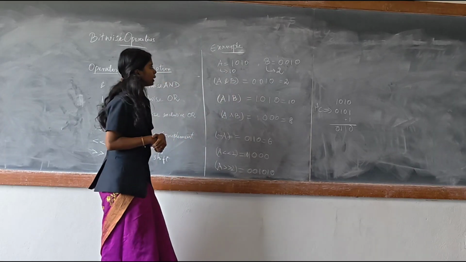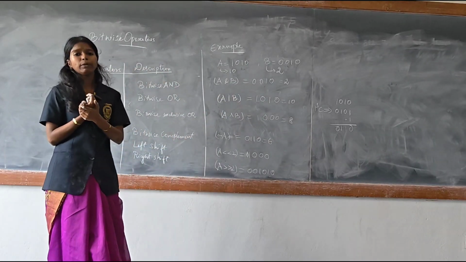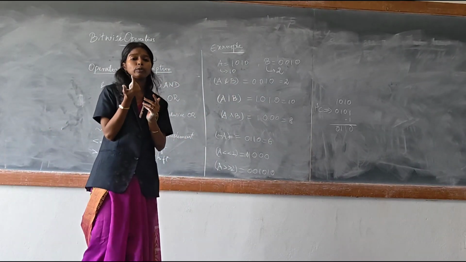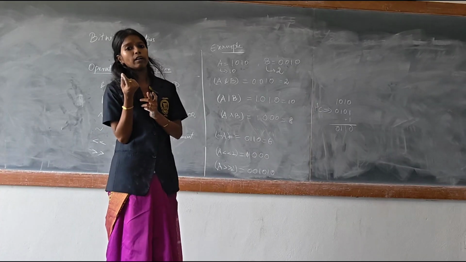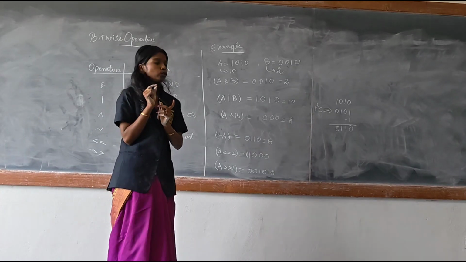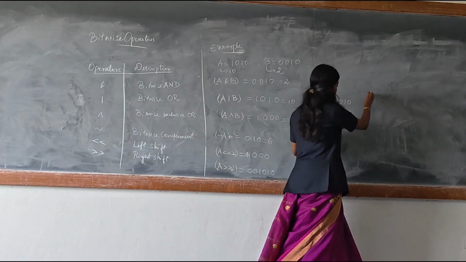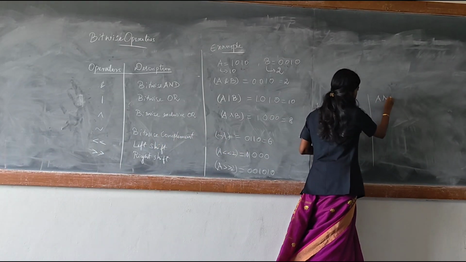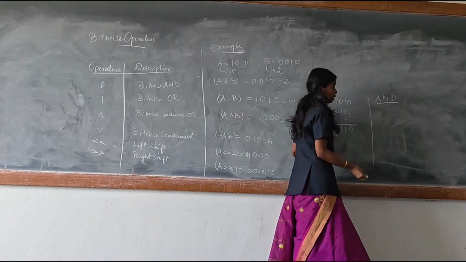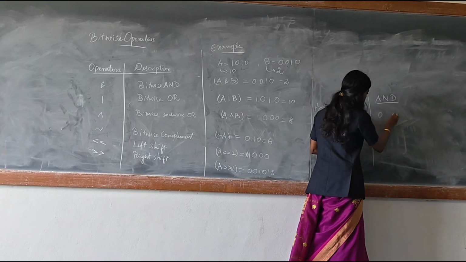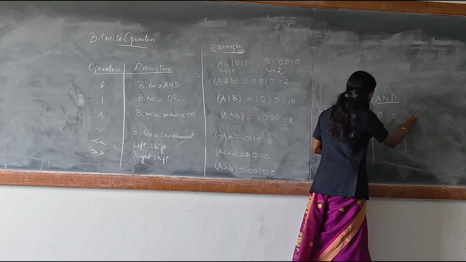So a bitwise b. In the bitwise AND operator, if both the inputs are 1, we will get 1. Otherwise it will be 0. We have already studied the AND operator. If both inputs are 0, we get the output 0.